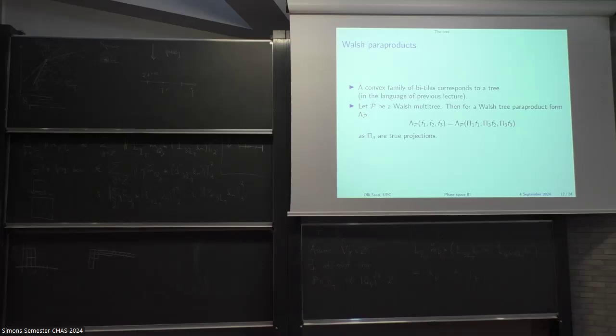And now suppose you are studying trees in this setting. I will skip basically everything. I just say that if we have a convex family of bitiles, which is the notion corresponding to the tree, and then we have some kind of paraproduct defined here, which would be something having its phase plane support in that family, then using these projections, we can really say that the tree paraproduct is the tree paraproduct acting on the phase space projections, and further, it's the same as a global paraproduct acting on the phase space projections.